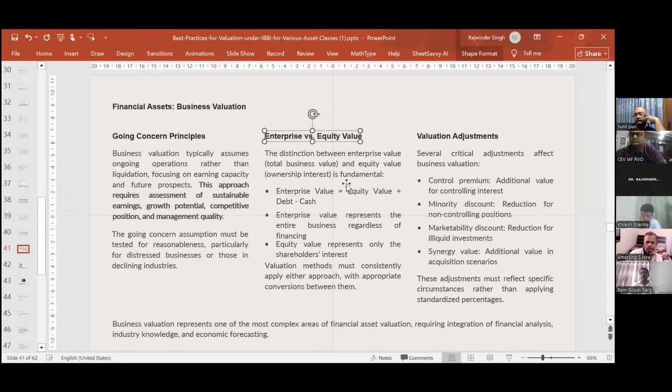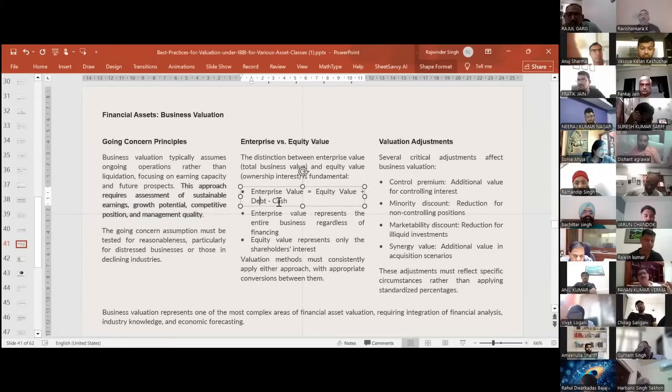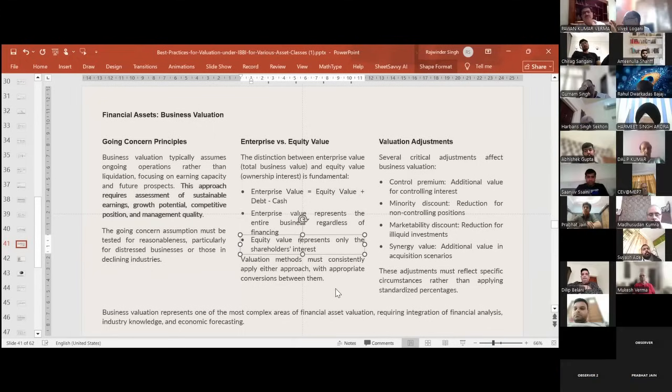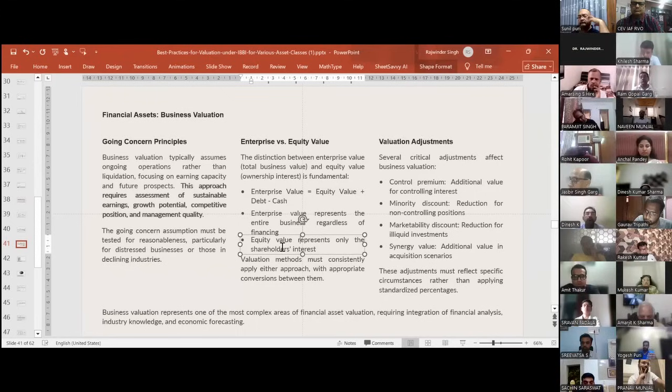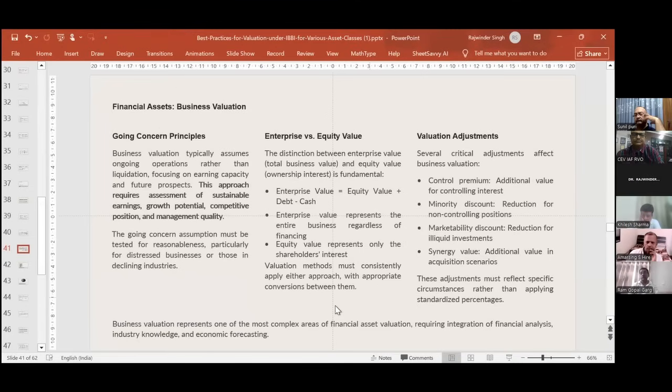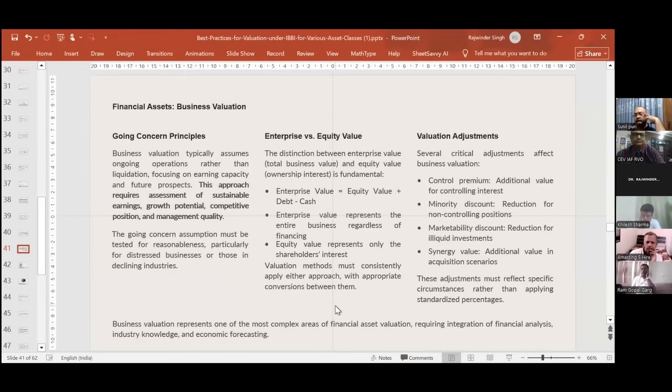Enterprise value represents the entire business regardless of financing, and equity value represents only the shareholders' interest. So valuation methods must consistently apply either approach with appropriate conversion between them.